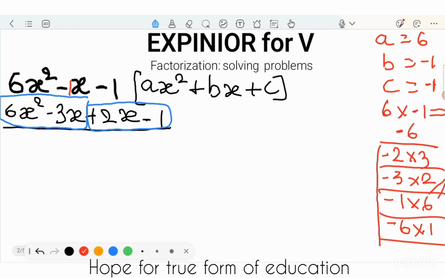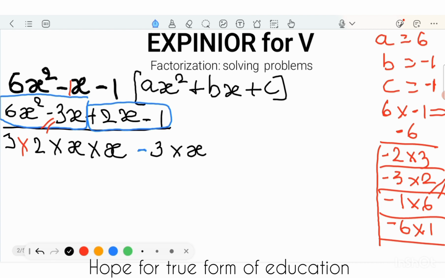Now our target is to expand part 1. So 6 can be written as 3 into 2 into x into x, minus, we have 3 here, 3 into x.